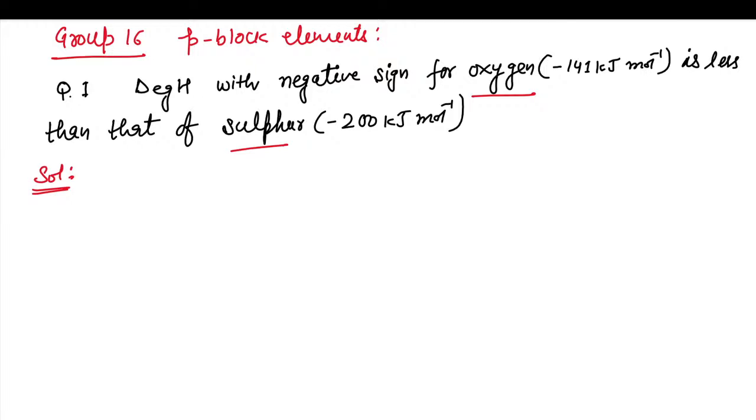It is because of a very simple reason. The same is applicable for fluorine and chlorine, oxygen and sulfur. The same reason, that electron gain enthalpy with negative sign for fluorine is less than that of chlorine. What is the reason? The reason is the size.